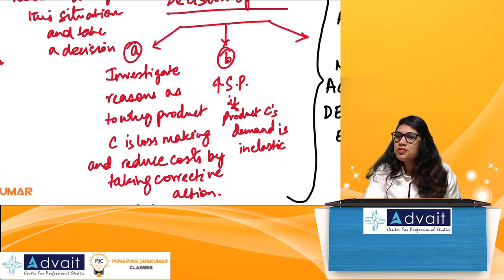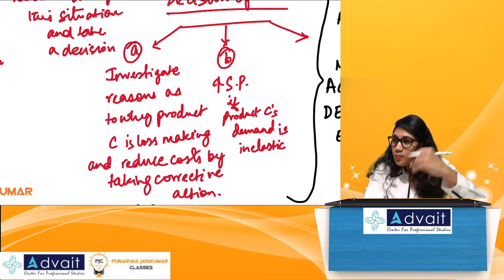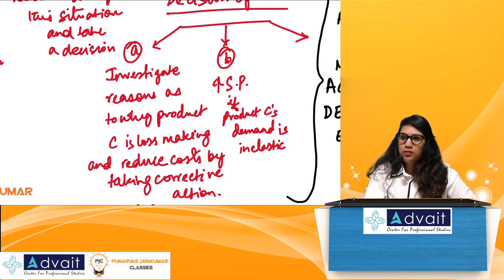Inelastic demand means whatever the price be, the quantity demanded does not fluctuate much. The responsiveness is weak. So even if I were to increase the price, whoever is buying my product continues to buy it. It's not that they are going to suddenly stop buying. So if the demand is inelastic, then you can still think of increasing your selling price.